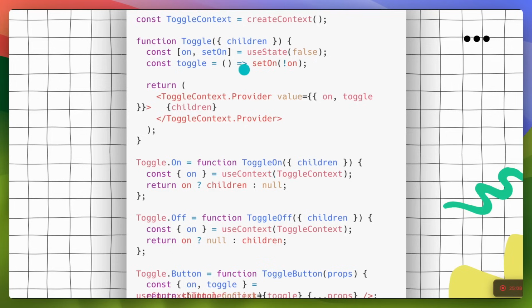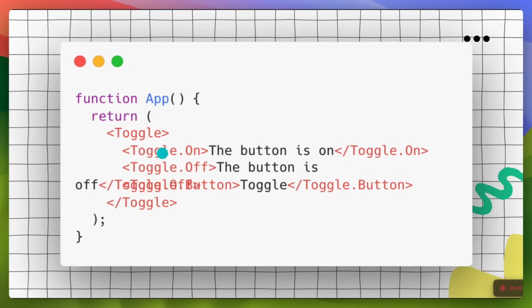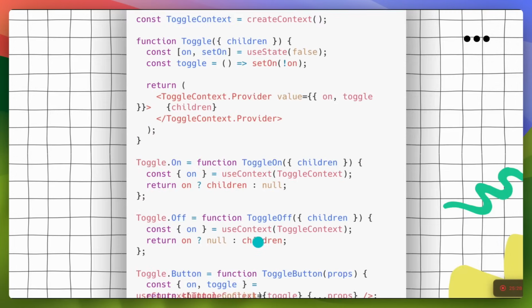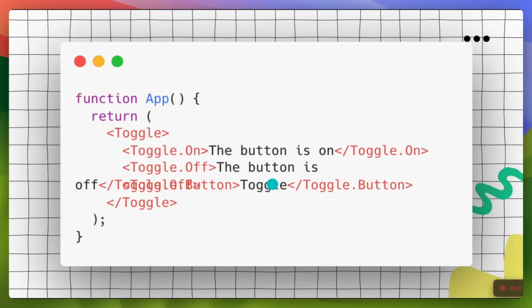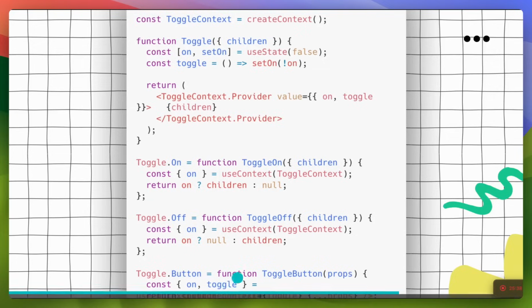Initially on is false, so this condition will become false and children will not be displayed, rather null will be displayed, right? So toggle.on is null, so "the button is on" will not be displayed. "The button is off" will be displayed instead, right? And "the button is off" will be displayed, and the toggle button will also be displayed like this.